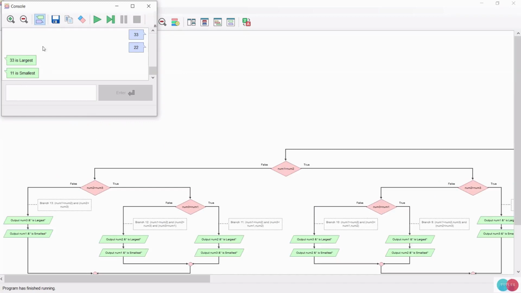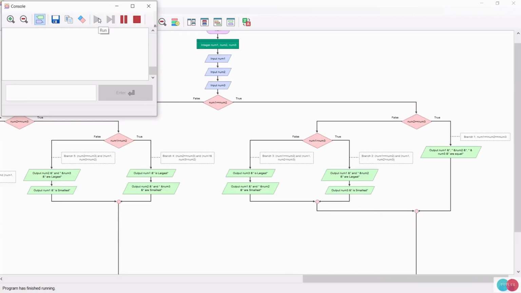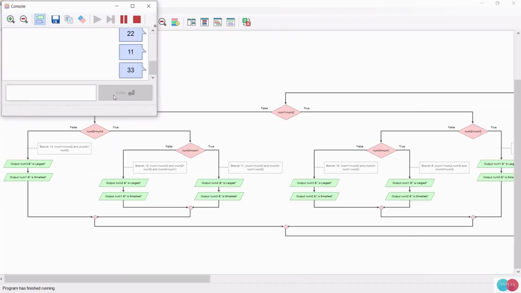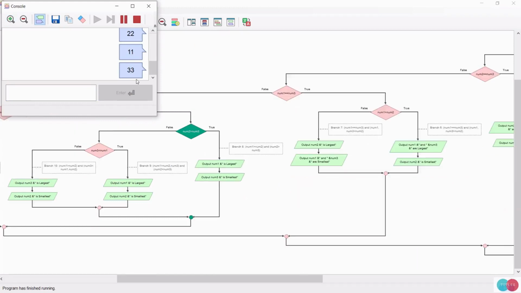We will see the 10th scenario, where third number is largest and second number is smallest. So 22, 11 and 33. Okay, 22, 11, 33, where third number is largest and second number is smallest.